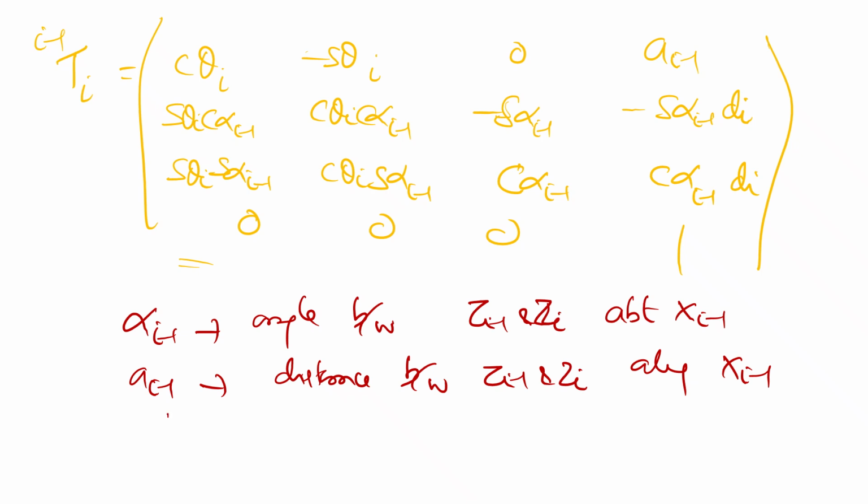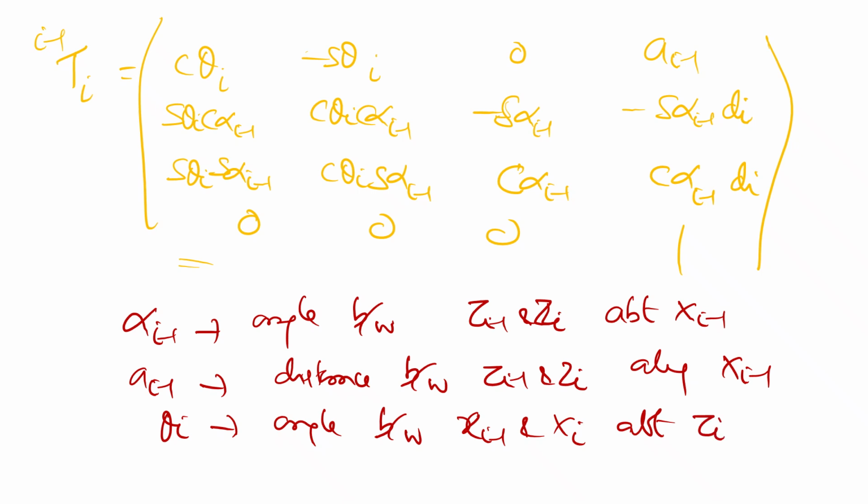Next one is theta i, because first we have done rotation, translation, then theta i. Theta i is the angle between X i minus 1 and X i about Z i.